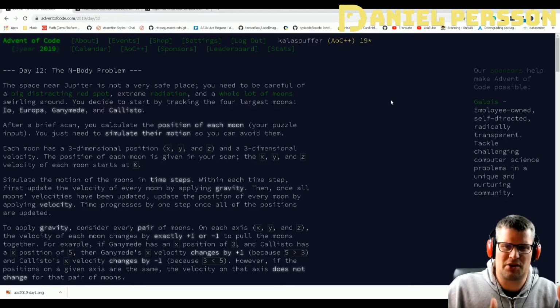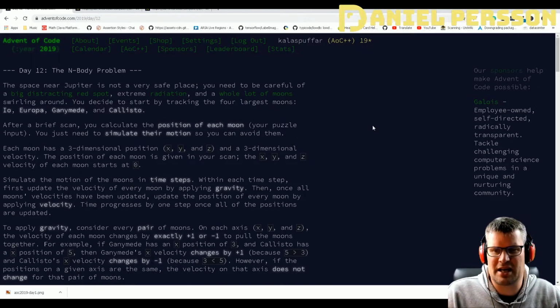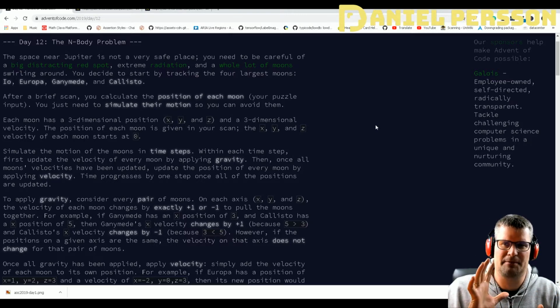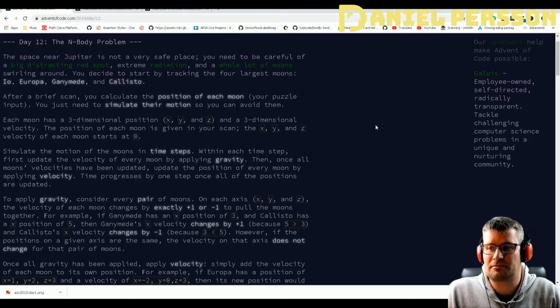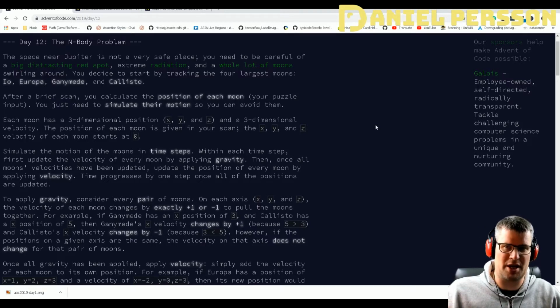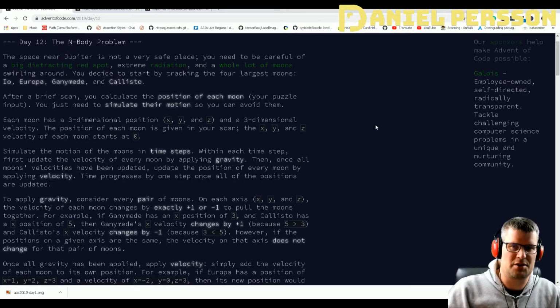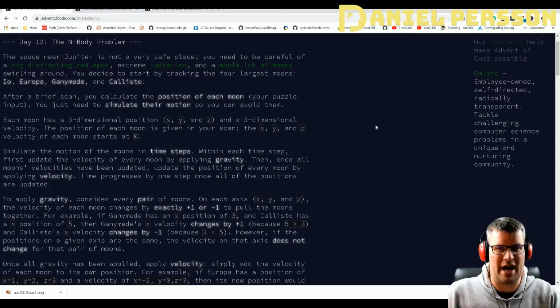And in order to do this, we have their space, and we look at how they are different from each other. So, for instance, if we have one x value of 5 and one of 3, then the one with 5 will go lesser, so it will go minus 1, so it will go more to x.